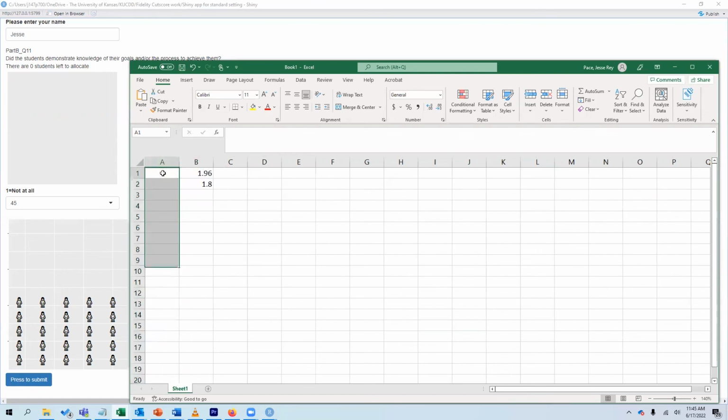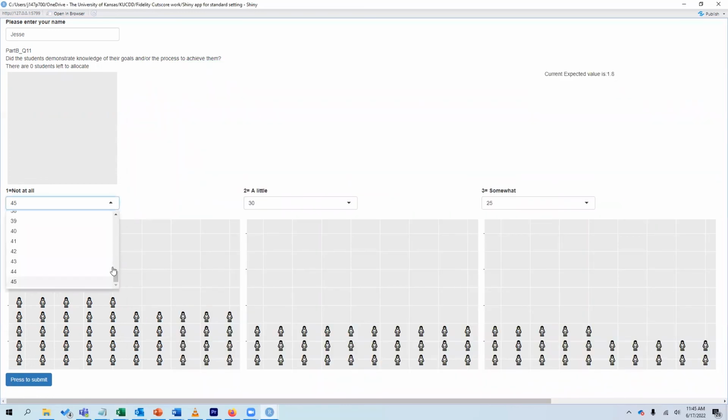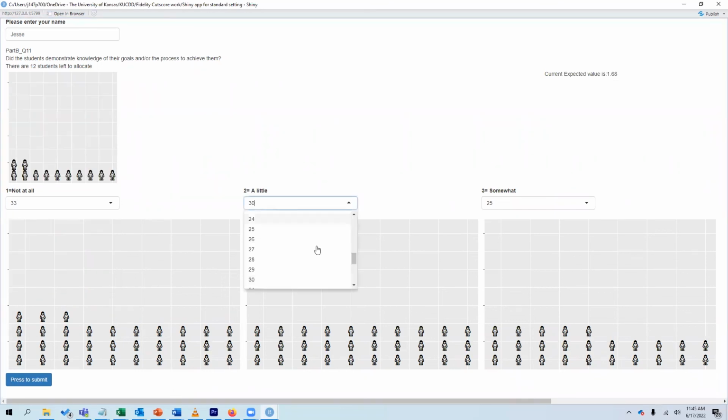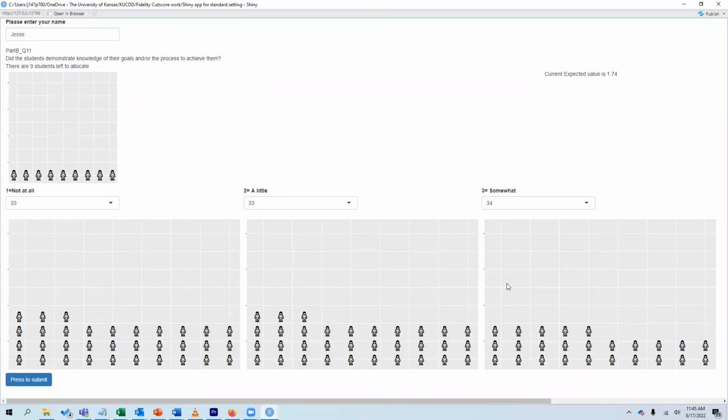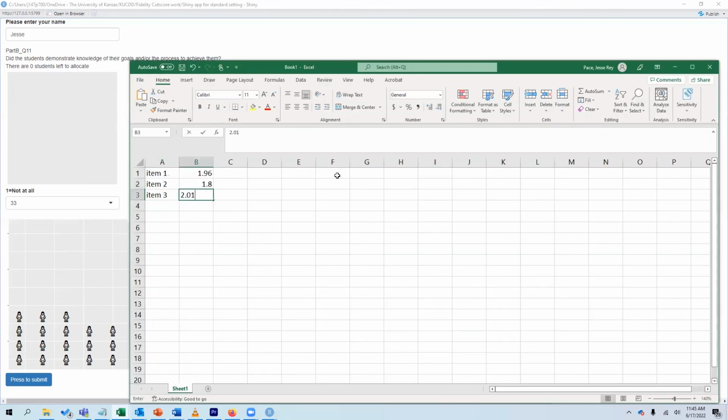And then let's say that we have one more item, and we get a wash on this one. All the responses are more or less equally likely, so we get 33, 33, and 34. So the expected value is pretty much right in the middle, a 2.01. What that means is that the average of these three things is 1.923.